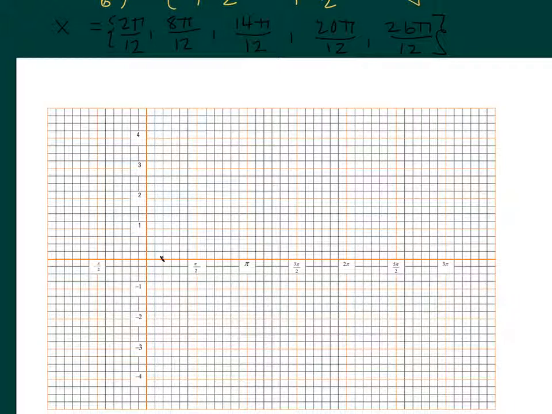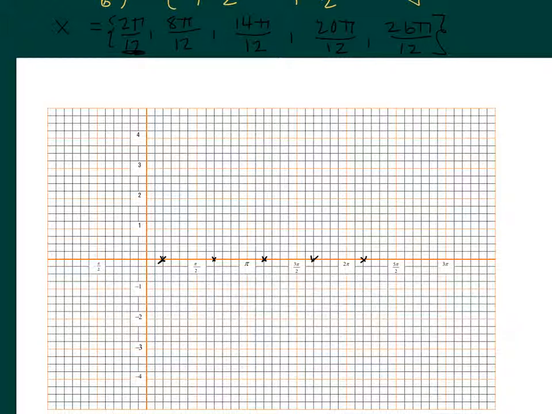So that puts us right there. And that corresponds to this 2 pi over 12 as well. 8 pi over 12 would be 8 squares over, or 6 more squares from the starting point. So there's 8 pi over 12. 14 pi over 12 would be located right here. 20 pi over 12, and I'm just going 6 additional squares each time. So here's 26 pi over 12.